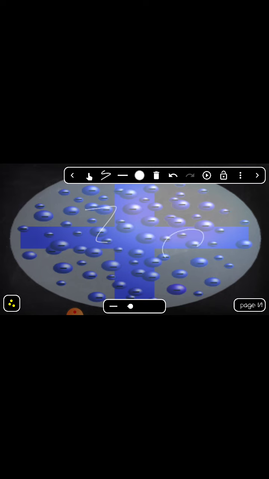We can also say that the atom is a spherical cloud of positive charges. Here is the positive charge, and electrons are embedded like raisins in a pudding, right?